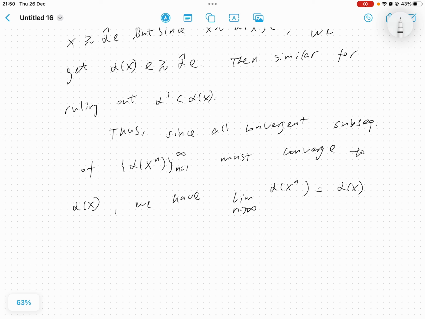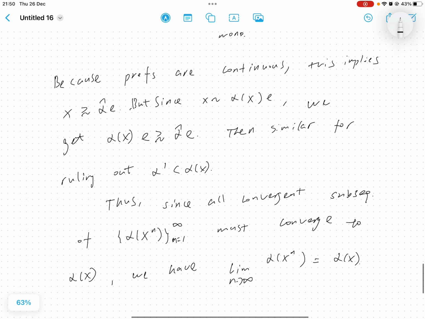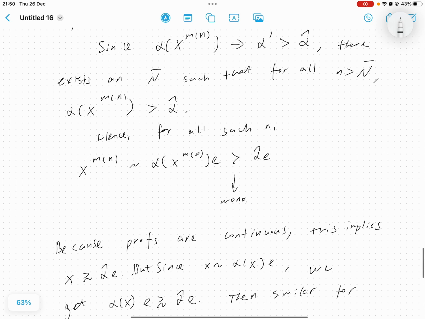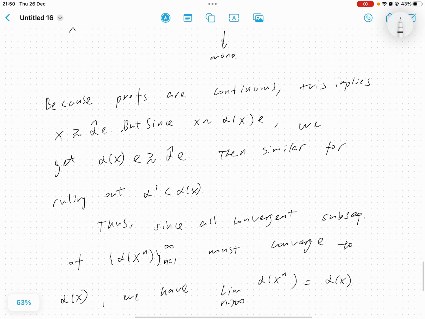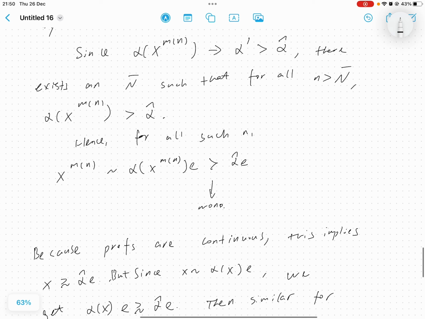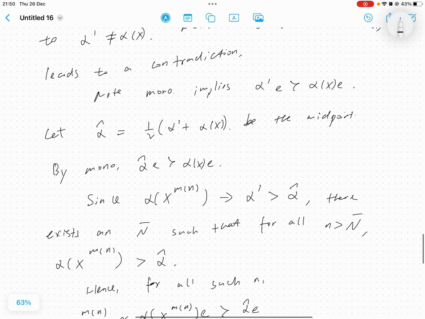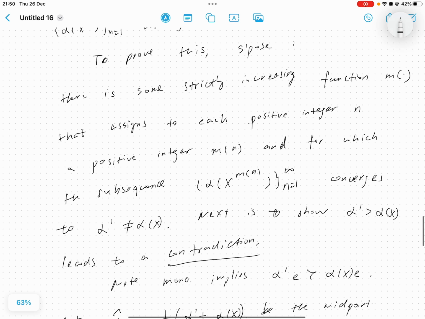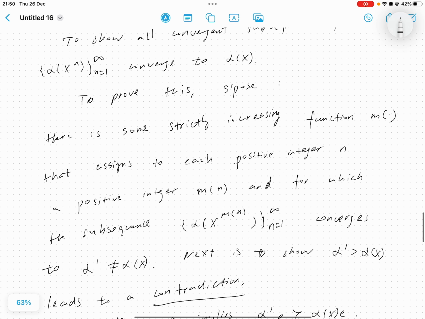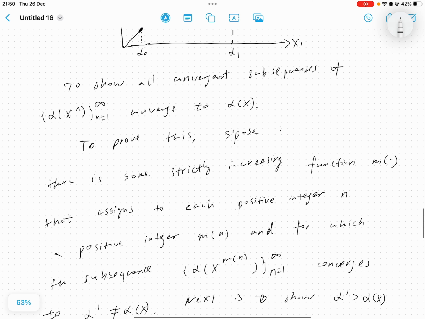Okay, good. So now let's have a very quick look at this very long proof. In this part, it's all just to show this contradiction, where we start by assuming this, right?